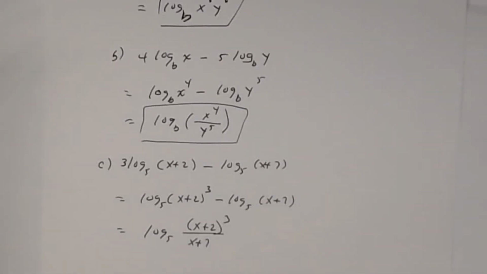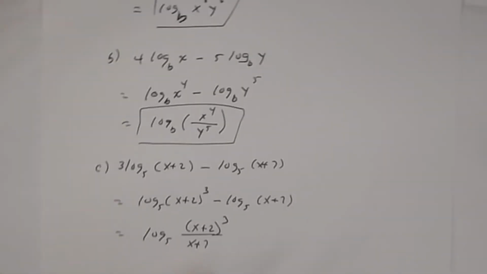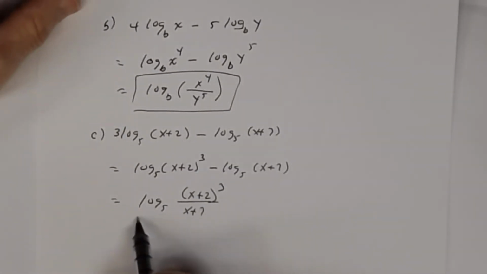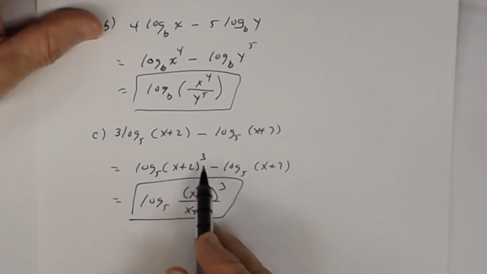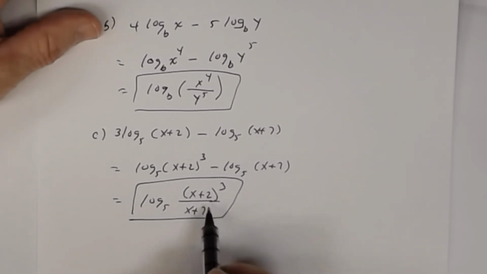Just to remind you, I can leave the answer like the way I have it. In the numerator, I do need parentheses because x plus 2 is being cubed. Here, I don't need the x plus 7 in parentheses because that's just being raised to the first power. So you can leave the answer like this.